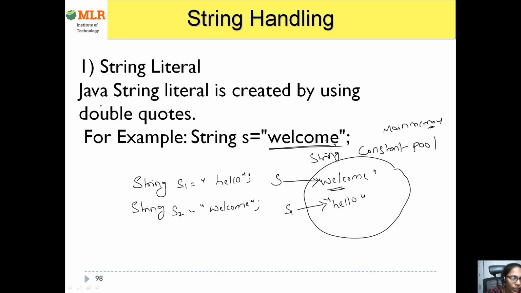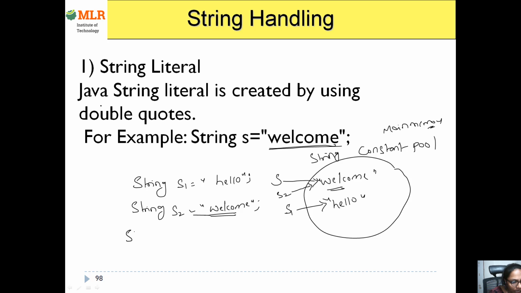For any string, even for the first time, it will check, but for the first time the welcome string is not there, that's why it creates a space for welcome. But while creating it the second time, welcome is already there, so it will not allocate any new space. S2 will also point to the same value which we have stored already.